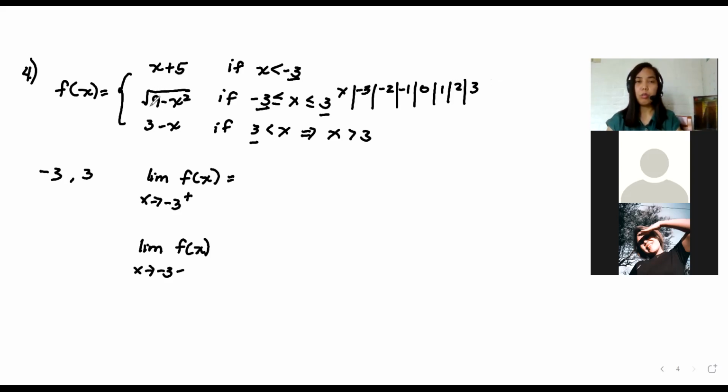So, we're going to use the second one. The limit of square root of 9 minus x squared as x approaches negative 3 from the right. By the way, hindi ko na pala class ginrap. Okay? Pinakita ko naman kung ano yung graph nila. So the limit of square root of 9 minus x squared as x approaches negative 3 from the right.